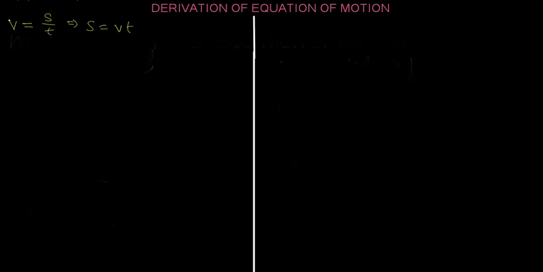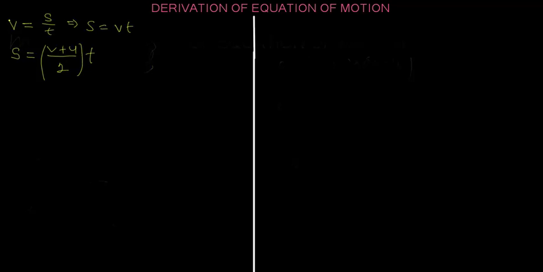Now we can write this as s, which is distance, is equal to average velocity, that is v plus u over 2, times t. Now this is average velocity times time.